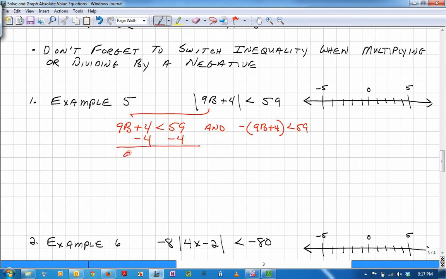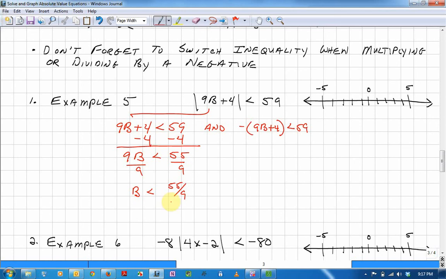I have 9b is less than 55. Now I'm going to divide by 9. So I have b is less than 55/9. I do not change the direction of the inequality because I didn't divide or multiply by a negative.